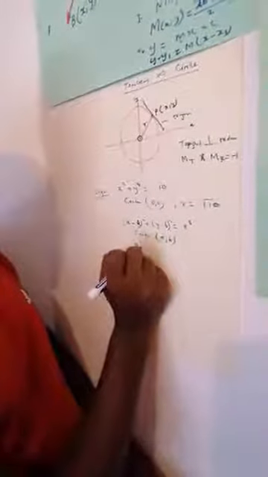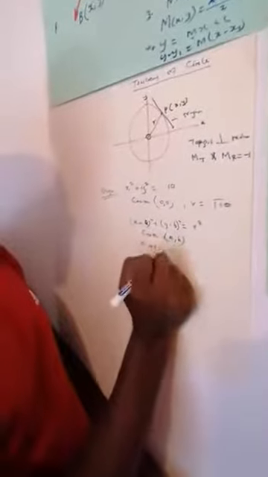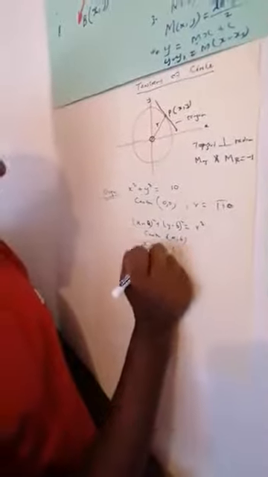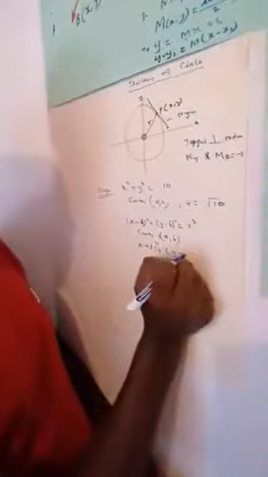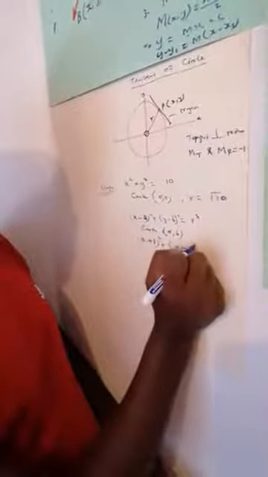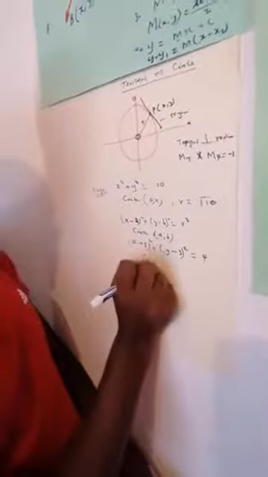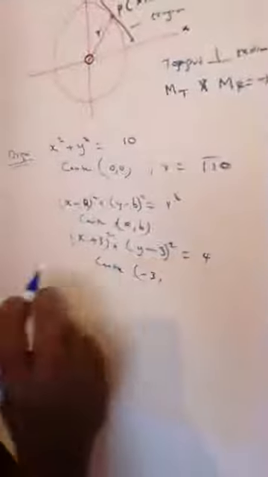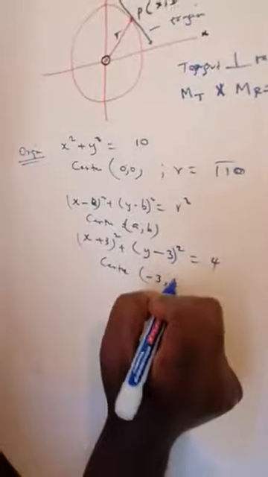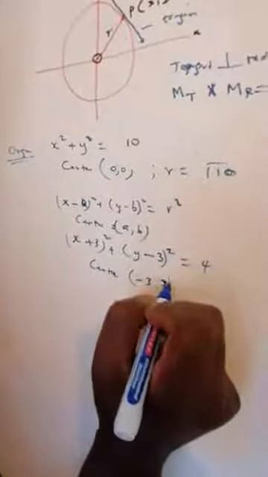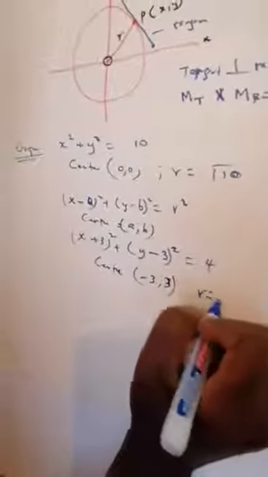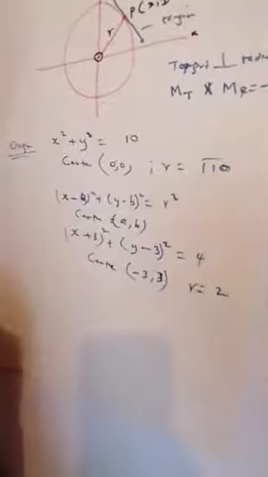So if we are given (x plus 3) squared plus (y minus 3) squared is equal to 4, what is our center? Our center will be (-3;3), and our r is 2, since the square root of 4 is 2.